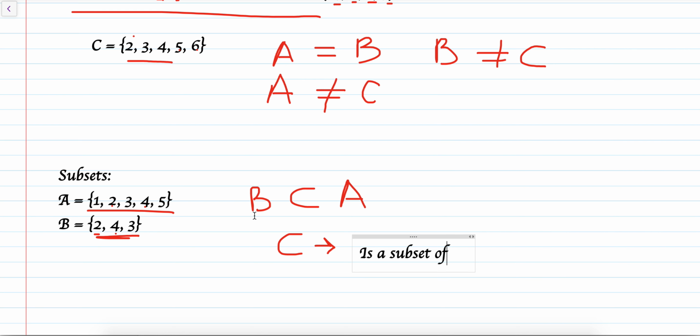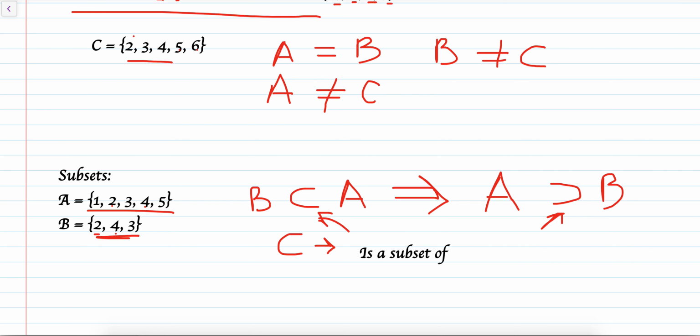So we will read it as B is a subset of A, or equivalently, we will write A is a superset of B. So notice the symbol here, these two are kind of mirror images. So we write it this way and this other way. So B is a subset of A, or A is a superset of B.